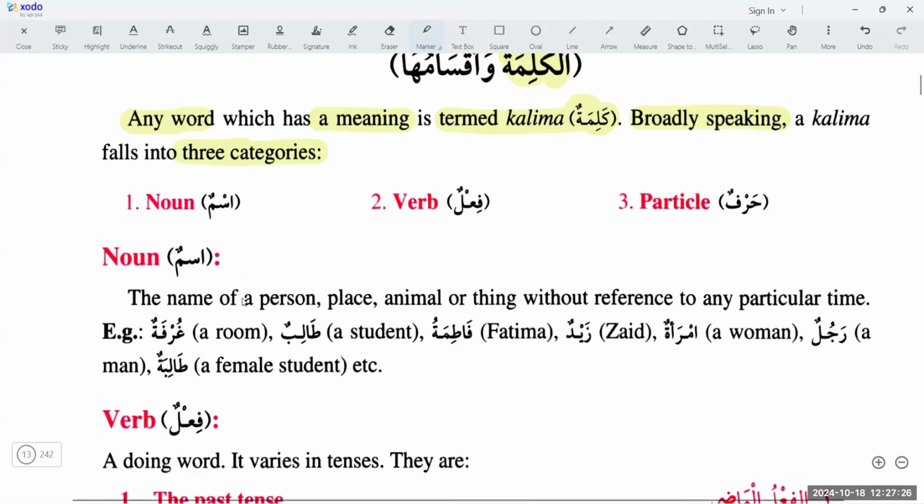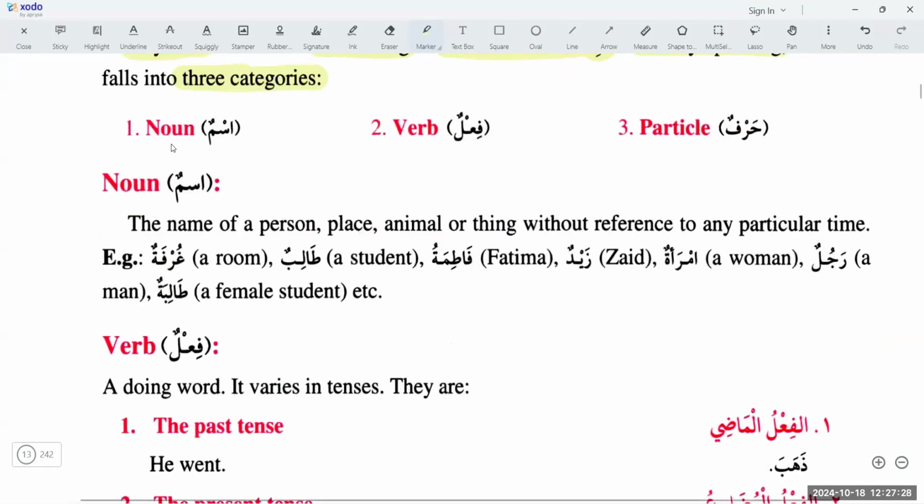So the first category is ism, a noun. The second category is verb, fe'lun. And the third is particle, which we call harfun. So these are the three classifications of kalima in Arabic.